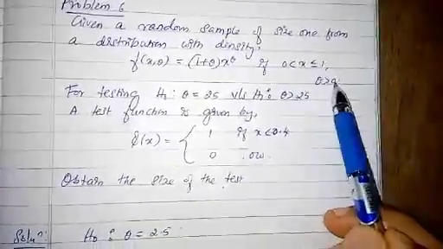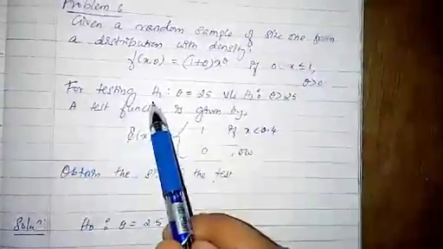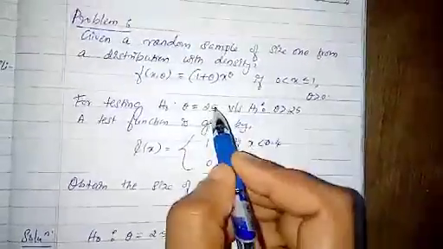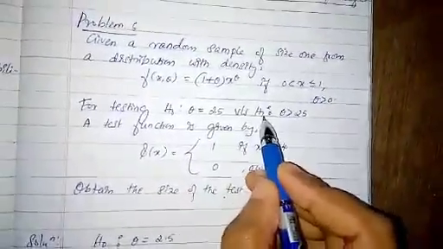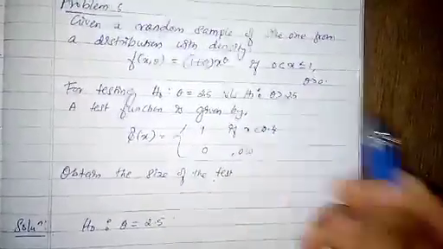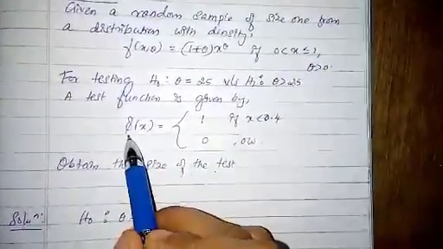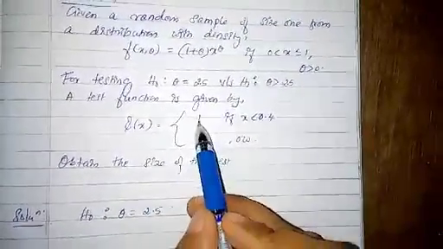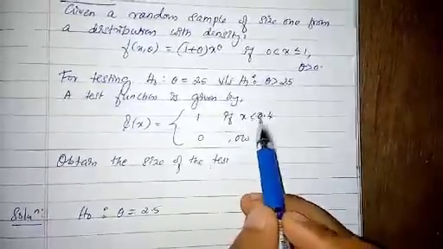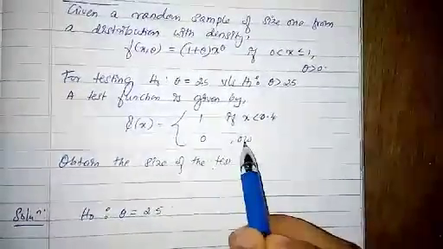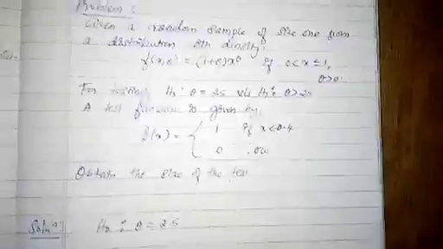Also theta is greater than 0. For testing H0: theta equal to 2.5 versus H1: theta is greater than 2.5. A test function is given by phi of x equal to 1 if x is less than 0.4, 0 otherwise. So here we want to obtain the size of the test.